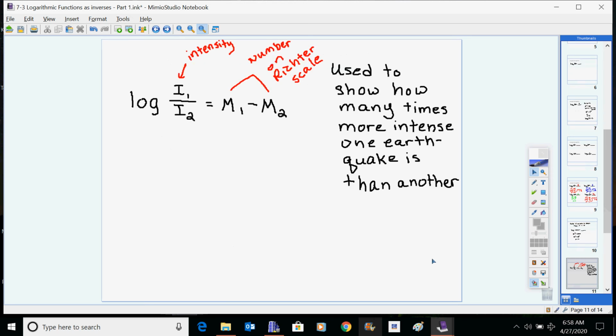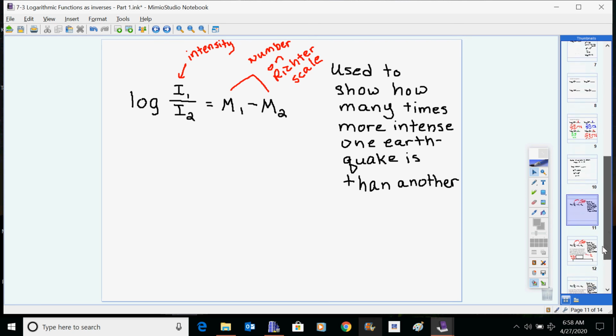Okay. Now here's an example of what this is used for. Often we hear in the news about earthquakes in various different places, and they say it's like an 8.3 magnitude earthquake or a 2.1 magnitude earthquake. And a lot of times people are like, okay, great, so we have a 7 and you have a 5, and it doesn't really sound like that much of a difference as far as how strong that earthquake is.